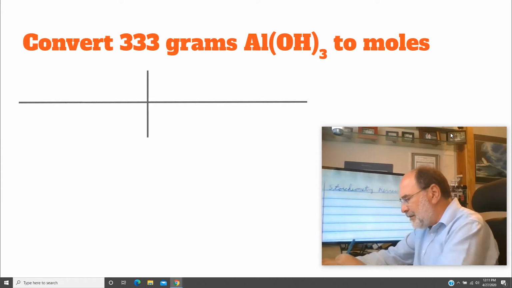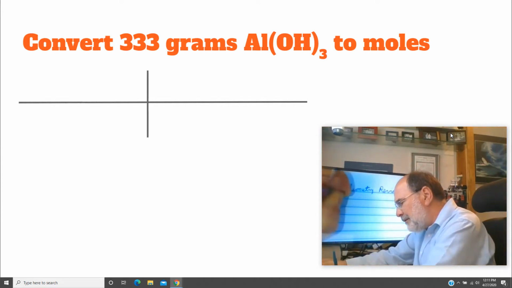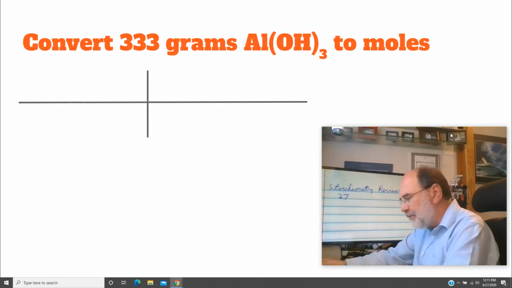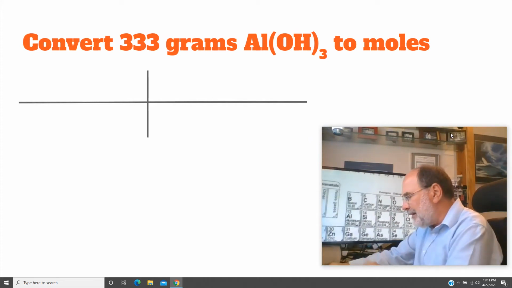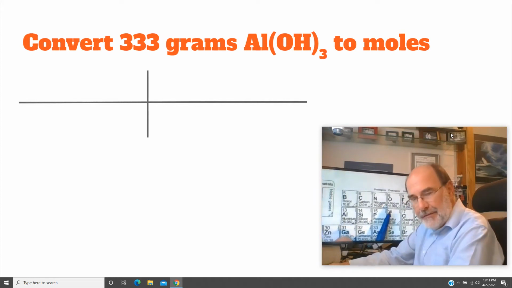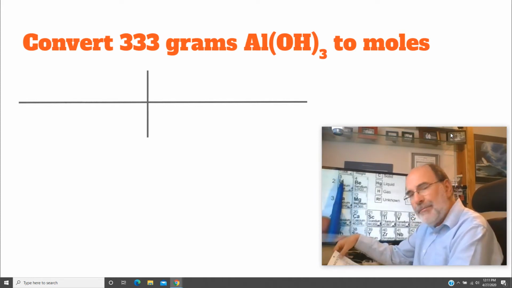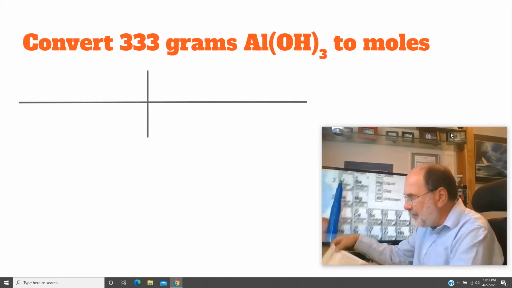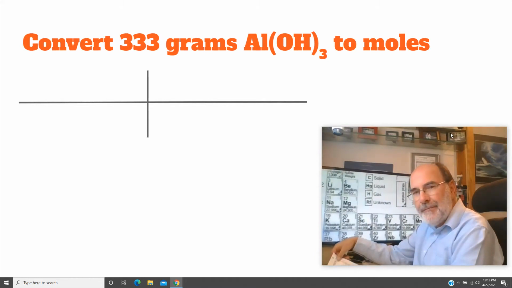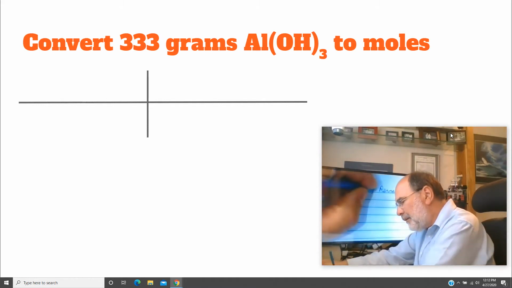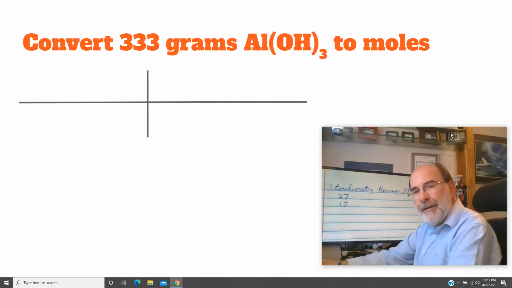For aluminum, I see it's almost 27 grams per mole. And then for oxygen, it's 15.999. Let's just call that 16. For hydrogen, it's 1.008. Let's call that 1. 16 plus 1 is 17. So each hydroxide is 17 atomic mass units.